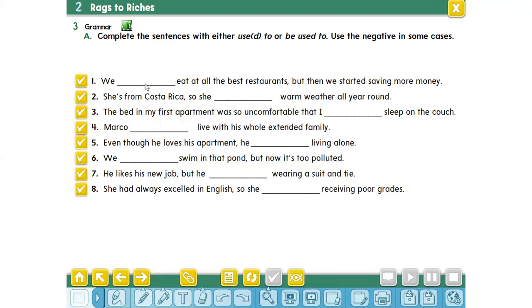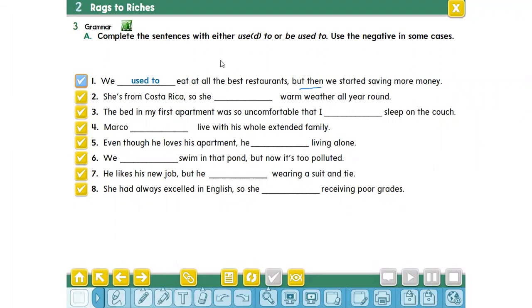Number 1, we eat at all the best restaurants, but then, pay attention, okay? But then we started saving more money. It isn't done now. So we use, excellent, used to. Used to. Very good.